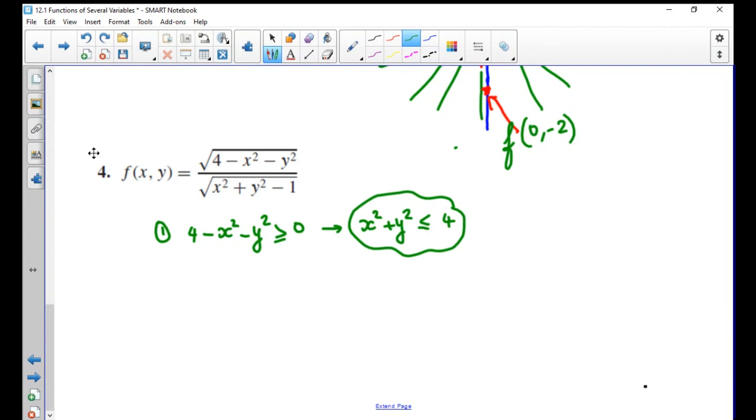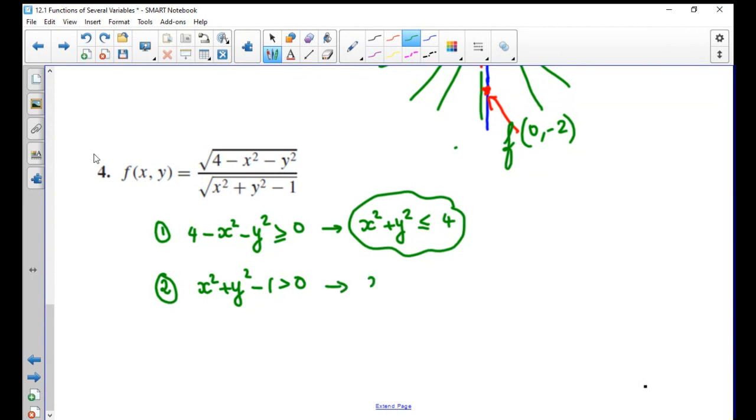First condition. Second condition, x squared plus y squared minus 1 must be greater than 0. Here, not equal, yeah? Can you see why I didn't put equal? Because it's in the denominator.